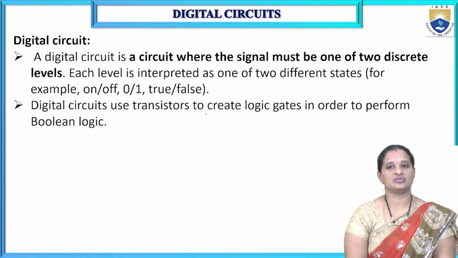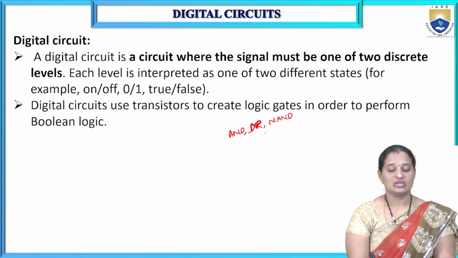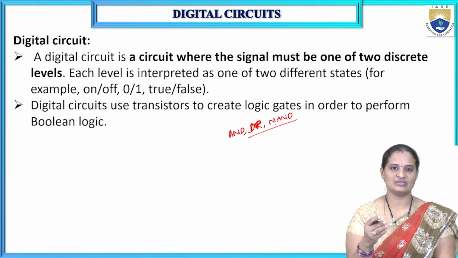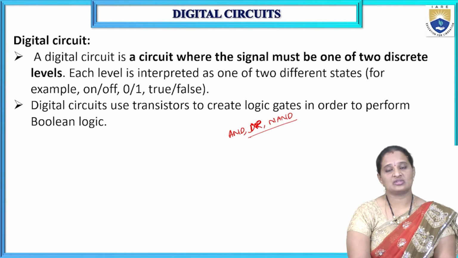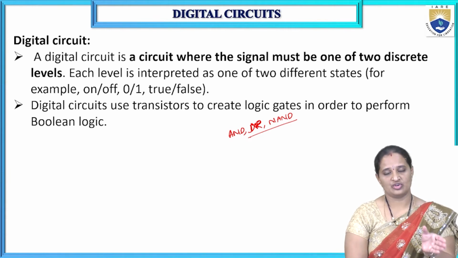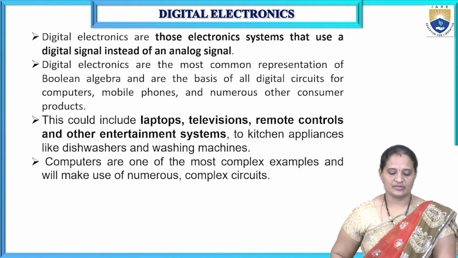The transistors are used to create logic gates in order to perform Boolean logic. We have so many basic logic gates, like the AND gate, OR gate, NAND gate, NOR gate, XOR and XNOR. These are all the logic gates. How are these logic gates implemented? Again, using transistors, diodes and resistors. The transistors are the major blocks used to implement the logic gates in order to perform Boolean logic.